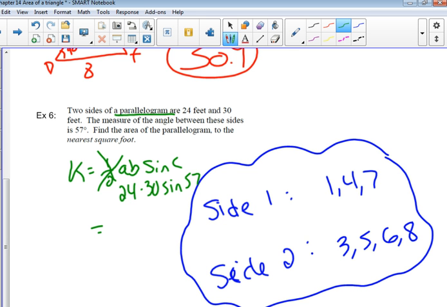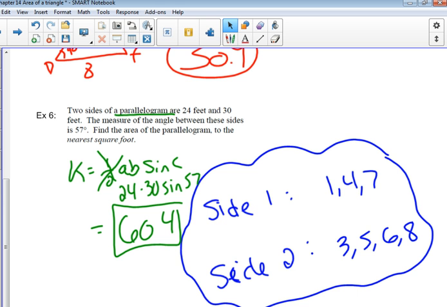And this one should be 60. Make sure it's 4. Yep. Sorry, that's kind of fast. Let's do this triangle. That's okay.